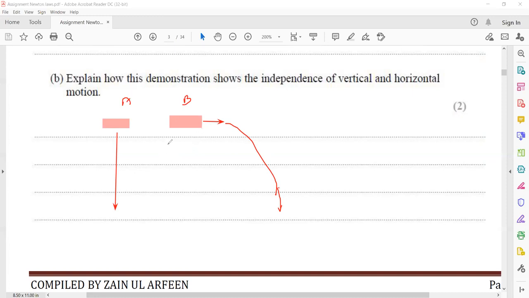So how can we show that horizontal and vertical components are independent of each other? Because they hit the ground at the same time.